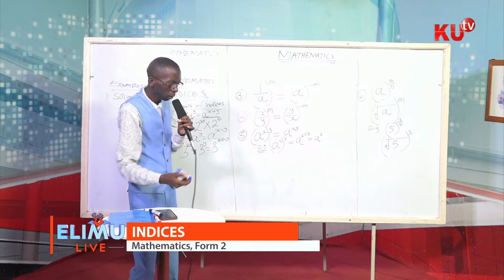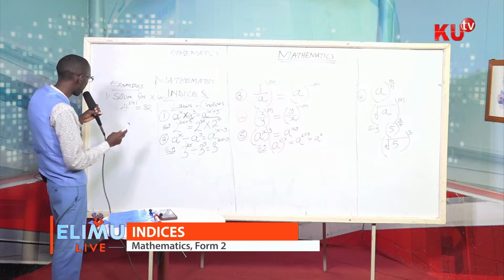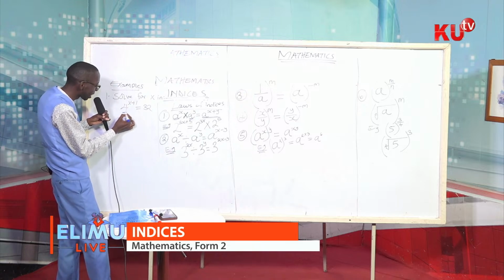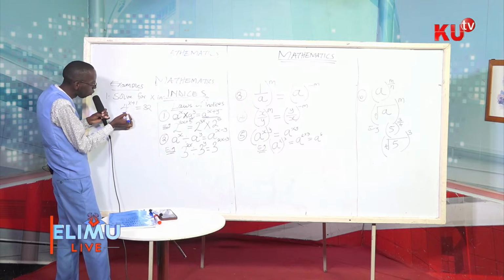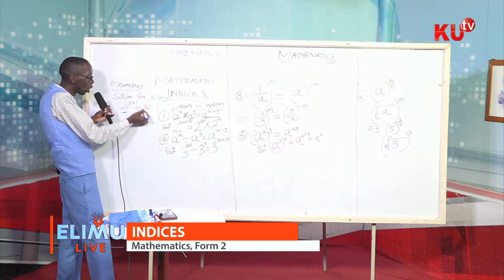So the first thing when solving questions on indices is to look at the bases. I said there are the bases and there are the powers. We have a base 4 here and we have power x plus 1. Look at these two bases.